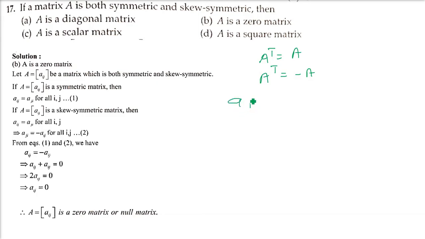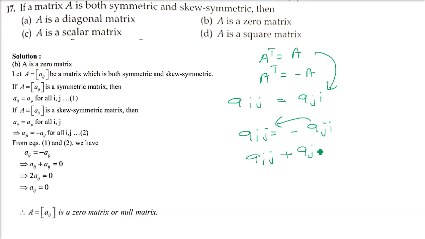So if we are saying that it is symmetric, then Aij has to be equal to Aji. This has come from the first relation, that it is symmetric. Now when we take the skew symmetric, because it is being said A is skew symmetric also, Aij will be equal to minus Aji. Row and column will change. So now take this on the left hand side, Aij plus Aji is equal to 0.